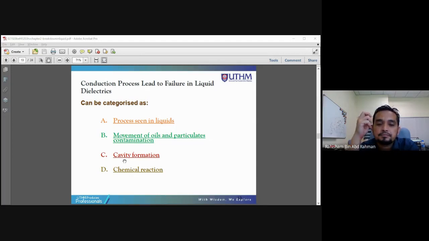This is due to the processes within the transformer. And then also we have the chemical reaction. We have these four main processes that trigger the failure of liquid dielectric.